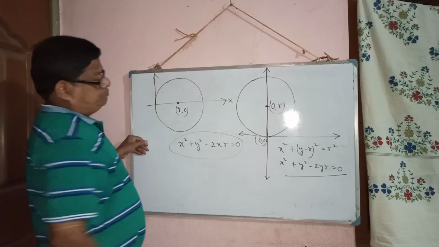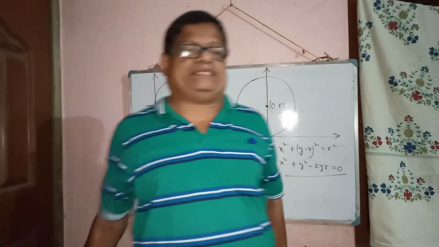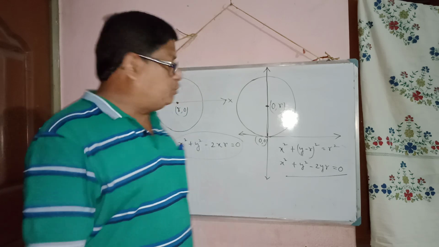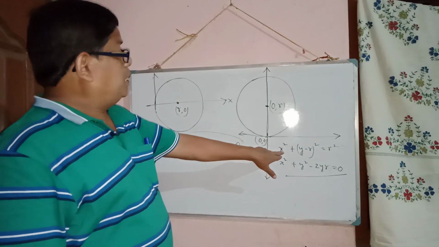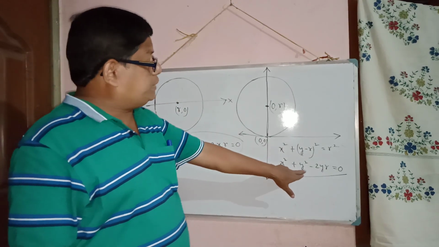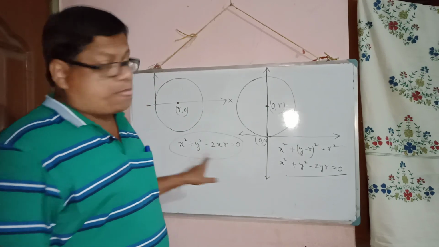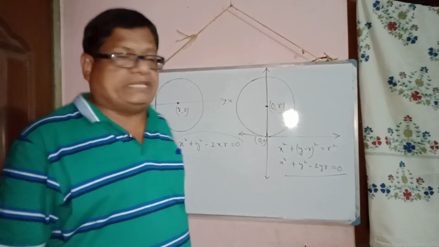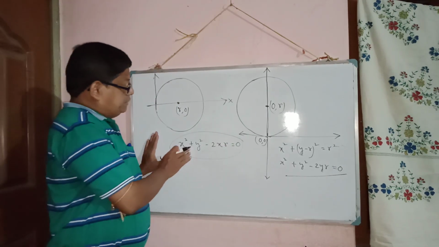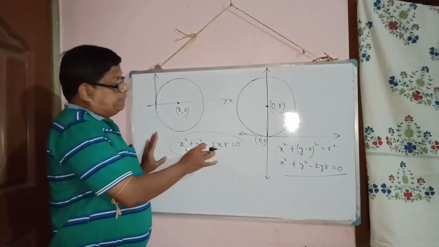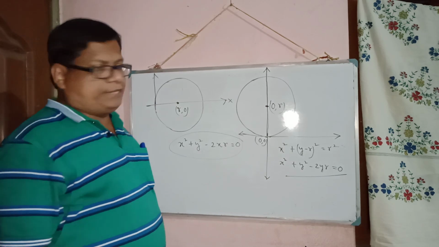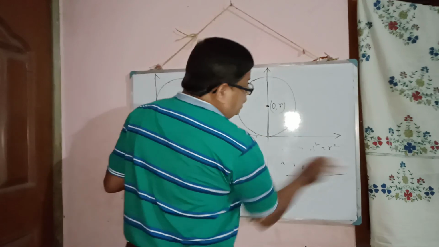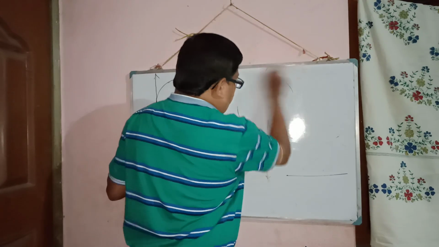Keep in mind, when the circle touches the x-axis at the origin, the equation will be x square plus y square minus 2yr, and for the y-axis, x square plus y square minus 2xr. Keep in mind.